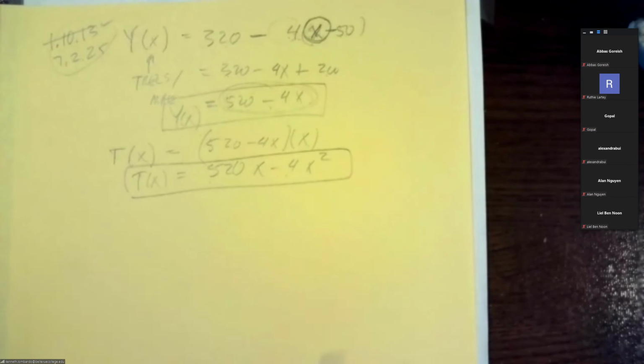For problem 7.2, let me take a look at what 7.2 looks like. Section 7. Where is 7? Seven two, number 25.